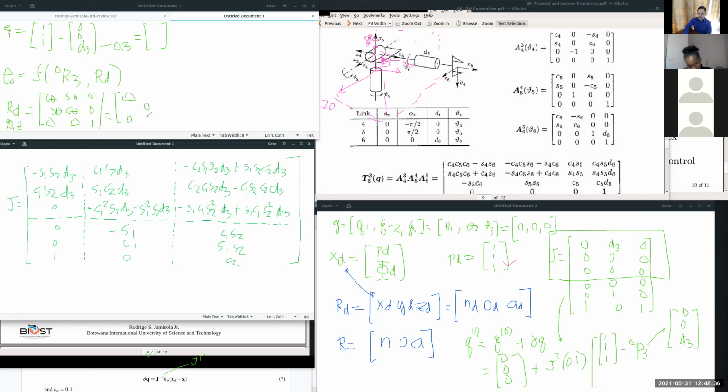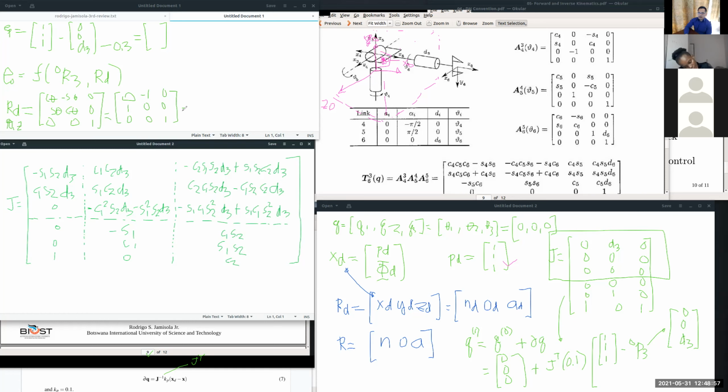Again, this is 0, 0, 1, 0, 0. Okay. Then what about here? Sine of 90 degrees is 1. So here, minus 1. Okay, and this is 1. So that is now your desired rotation.